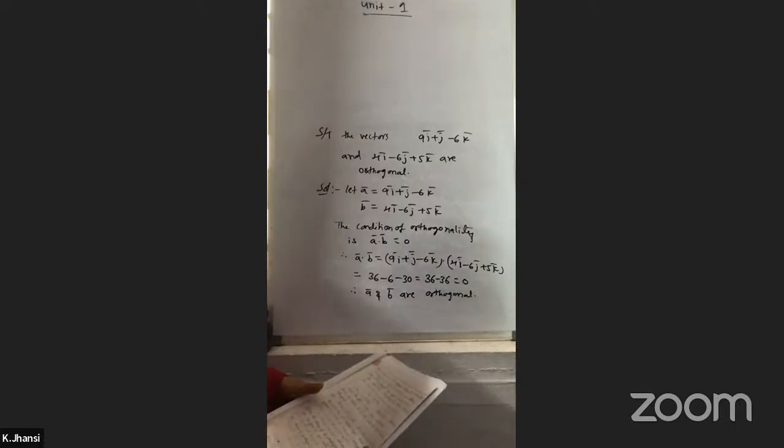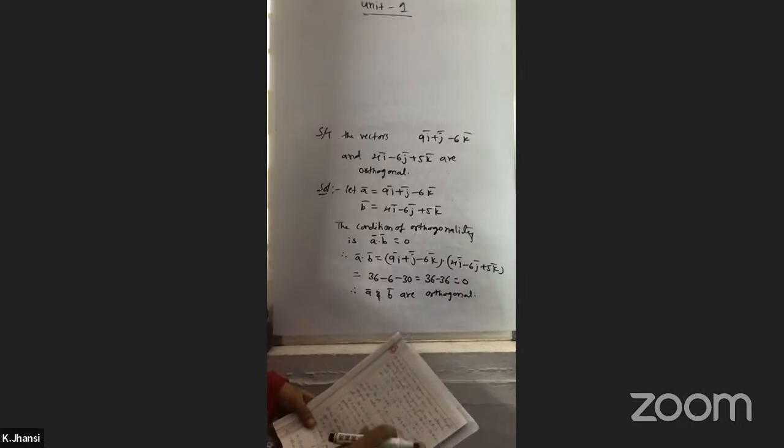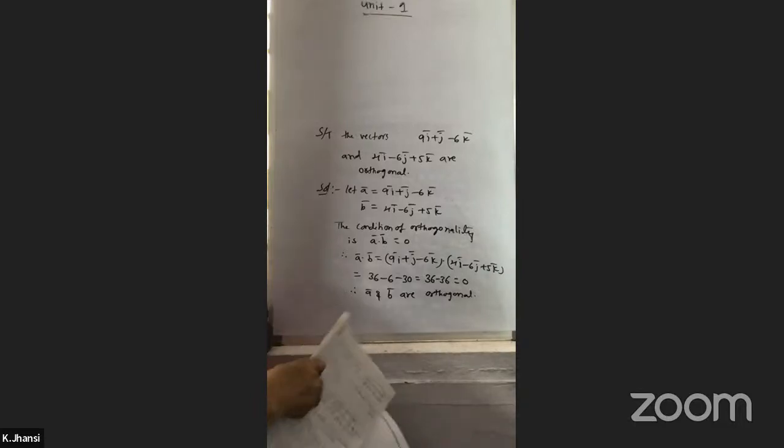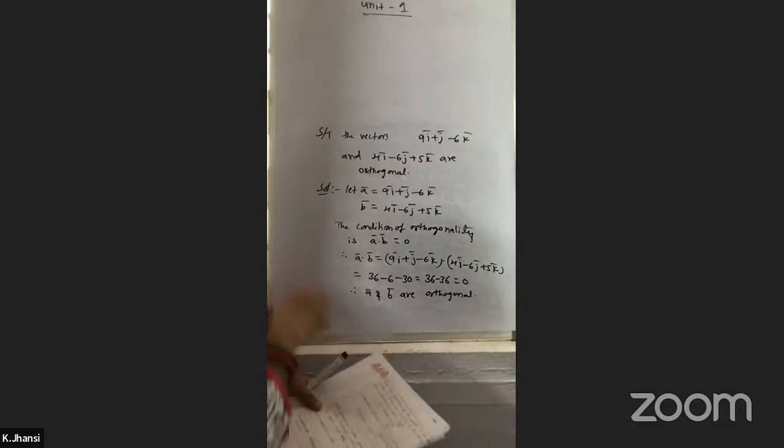The volume of the parallelepiped formula is the scalar triple product of vector A, vector B, and vector C. This you will see after the concept of the triple product. Next, another one is finding the projection of vector A on the vector B.